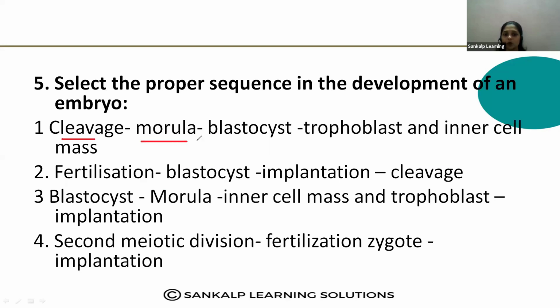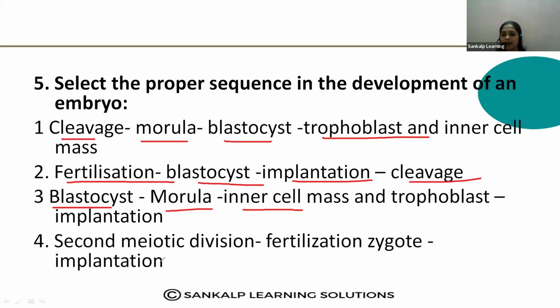Cleavage, morula, blastocyst, trophoblast and inner cell mass, fertilization, blastocyst, implantation, cleavage, blastocyst, morula, inner cell mass and trophoblast, implantation, second meiotic division, fertilization, that forms the zygote, and implantation.